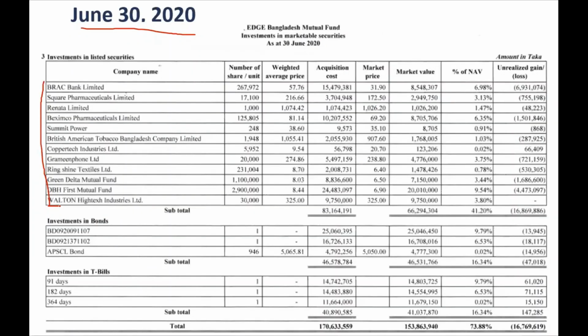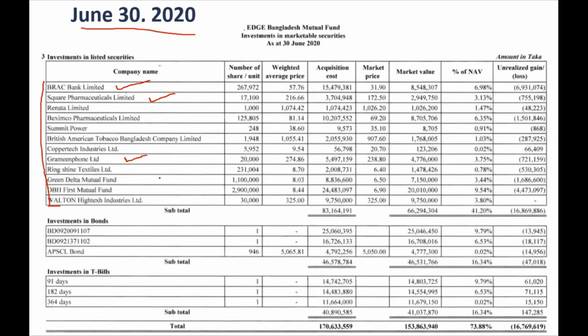Okay, they have eliminated some items by selling or by discarding from their portfolio. Okay, still you see I have mentioned some companies to you. Square Pharma is still there, BRAC Bank is still there, then Grameenphone is still there.